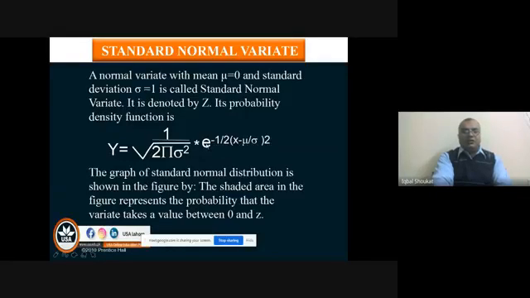Any term raised to the power 0 becomes equal to 1, so this side becomes 1, and the remaining portion would be 1 over under root 2 pi variance, or sigma square. The maximum ordinate of the function is at x equals mu.